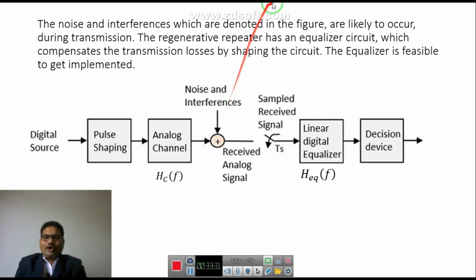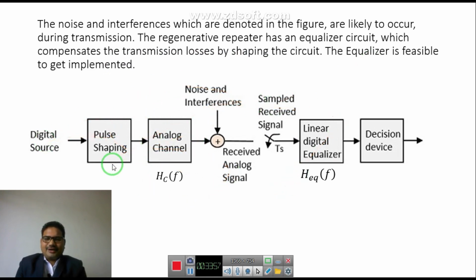The noise and the interferences, which are denoted, are likely to occur during this transmission. And this regenerative repeater has an equalizer circuit which compensates for these transmission losses by shaping the signal.